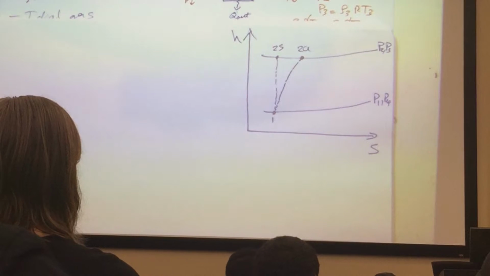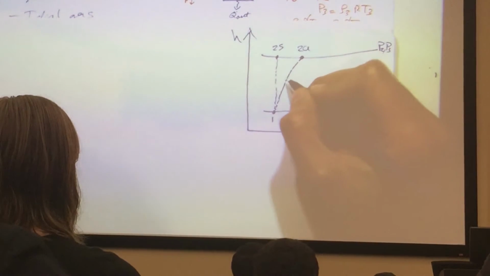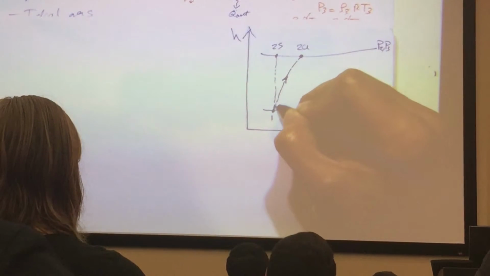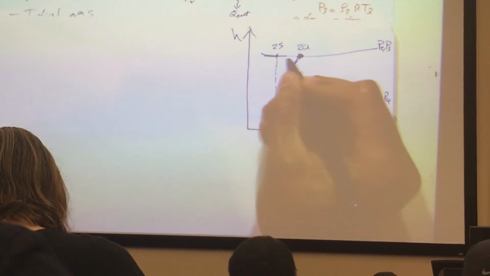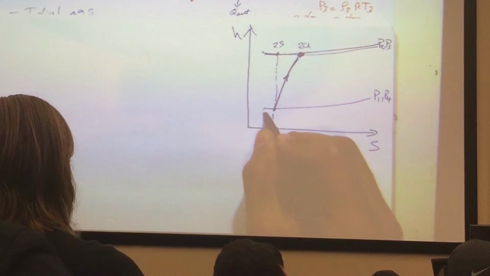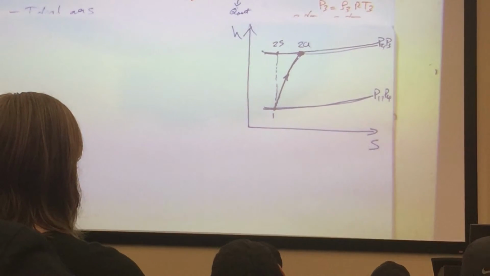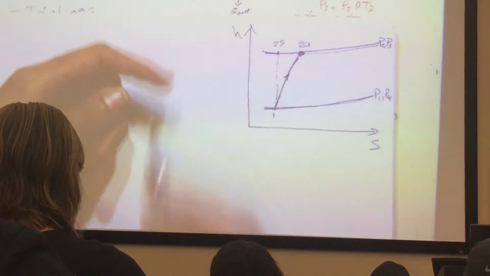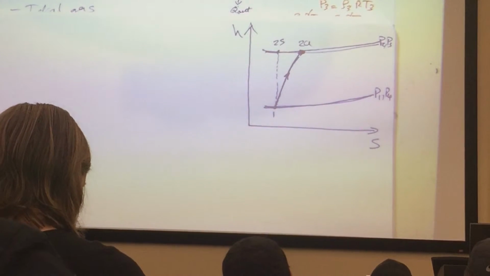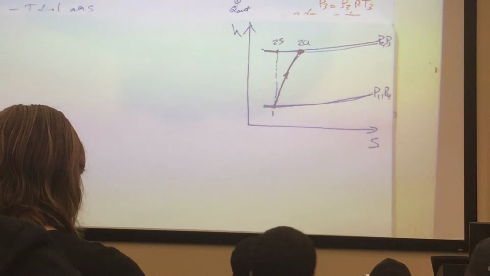Okay, so now that I did that, this is my 2 actual. Obviously, this is like this. So I'm going from 2 actual, which is the entrance for the combustor. What happens after 2 actual?